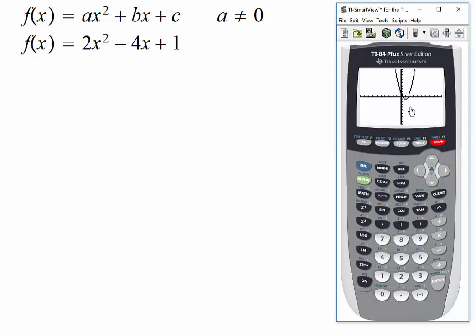So what we are going to do is look at an algebraic method of determining the coordinates of the vertex, the x-intercepts, the y-intercept, the equation of the axis of symmetry, and other things if they are needed.